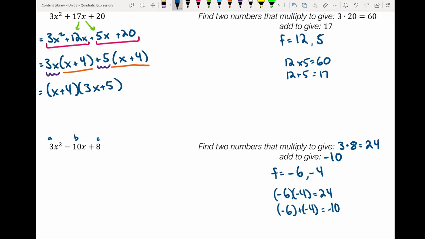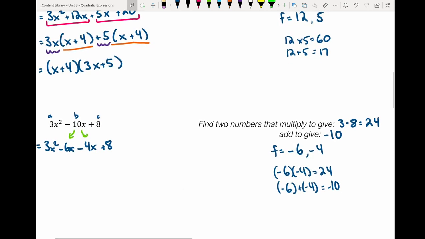So now that I have those two numbers, I can decompose this middle term, or this b term, into my two numbers. So minus 6x and minus 4x.